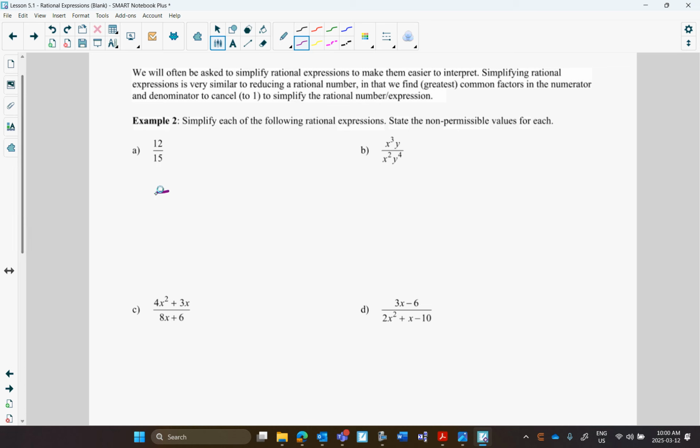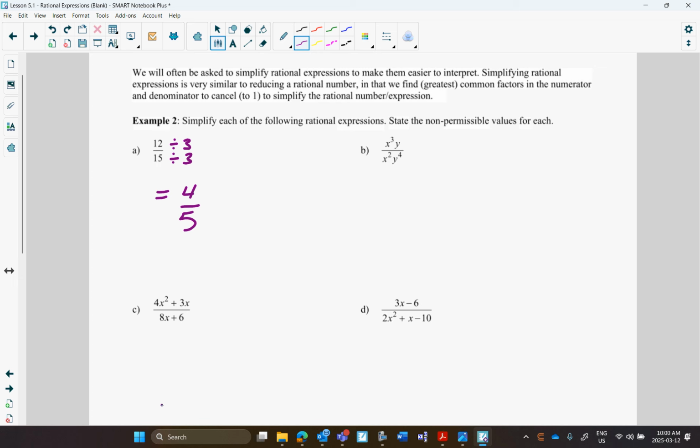How would you reduce this? I can divide by 3, I can divide by 3, and I get 4 over 5. Easy.